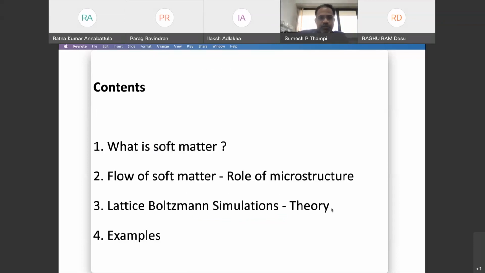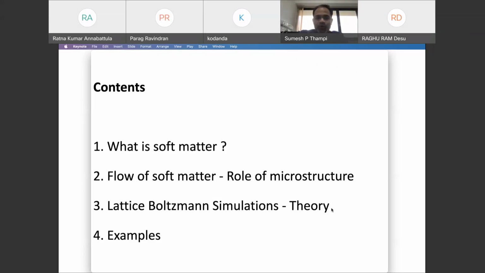So this is what I'm planning to talk about in the next 30 minutes. I understand this is a computational workshop, but I'm planning to spend maybe a third of the time telling you what soft matter is and what the challenges associated with this material are, so that one needs to go for a computational method as a way of understanding the material.